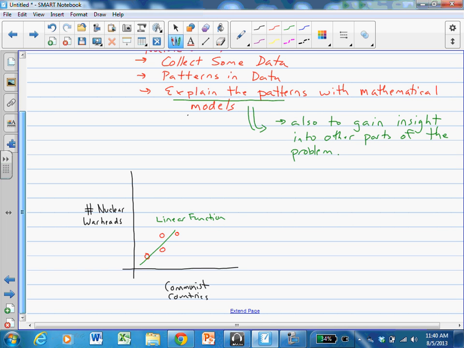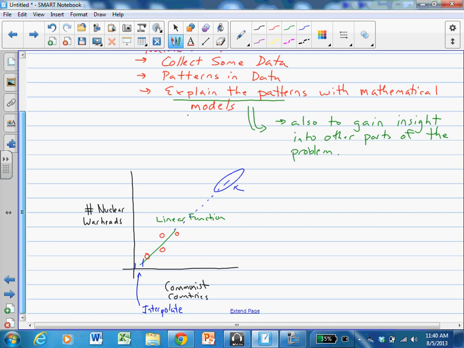And if you wanted to know what would happen if, say, the number of communist countries decreased even more, we could look into this area in here, and that would be more of an extrapolation, using our model. So we don't have any data down there, but we can use our model. We could do the same as the number of communist countries increases. We might use it to look out here in this region, because this model will extend out there, and that could give us an idea of, if we increase the number of communist countries, the number of nuclear warheads would also go up, so how many would it be?